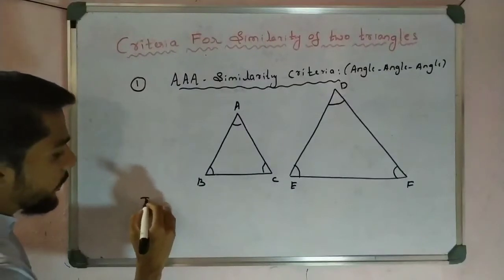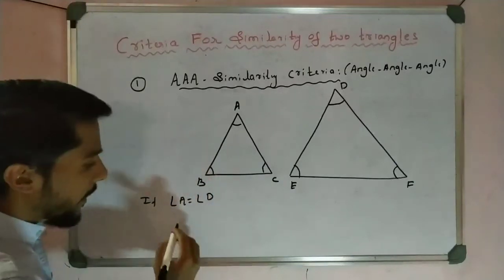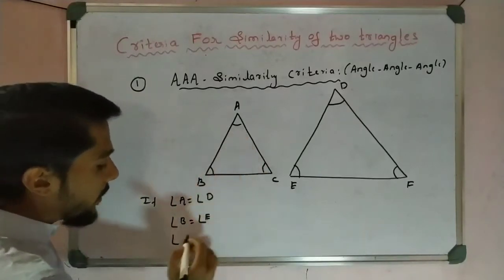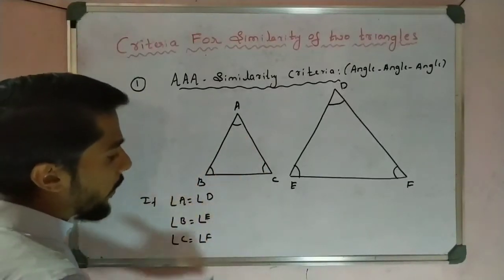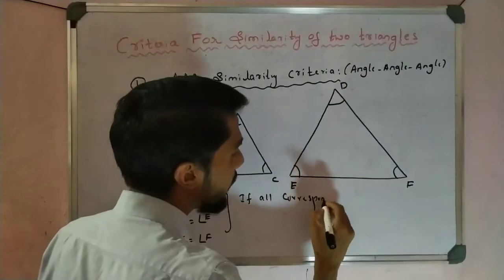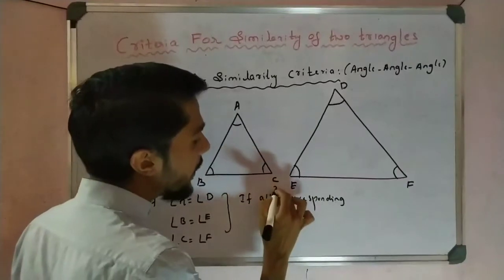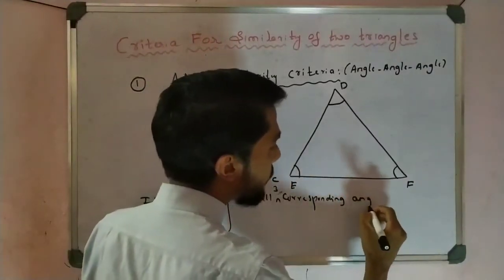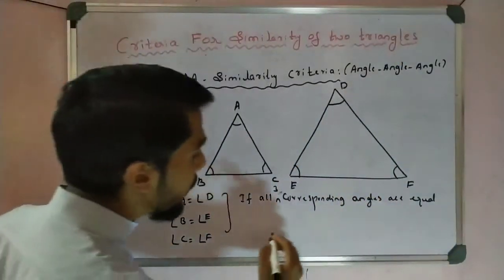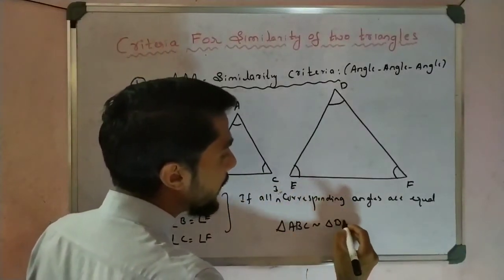If angle A is equal to angle D, that is the corresponding angle, and angle B is equal to angle E, and angle C is equal to angle F, that means all three corresponding angles are equal, then we say that triangle ABC is similar to triangle DEF.